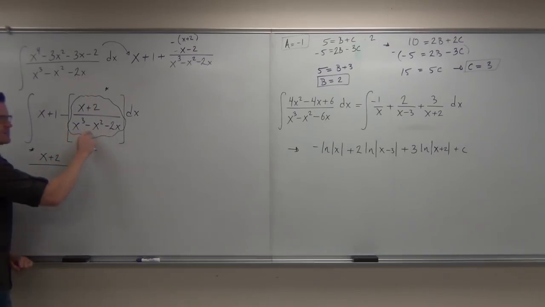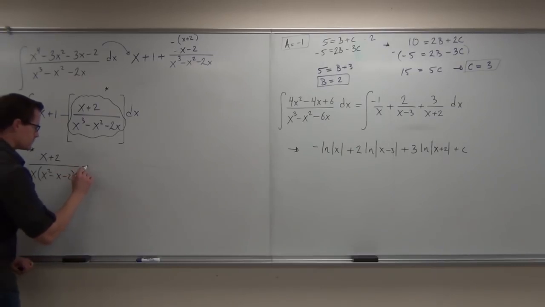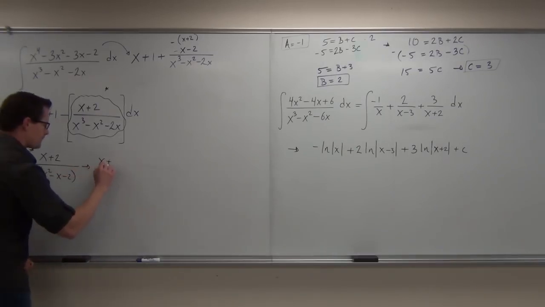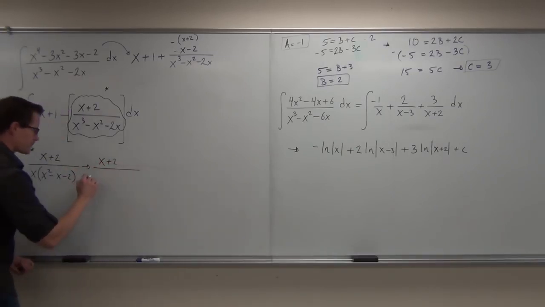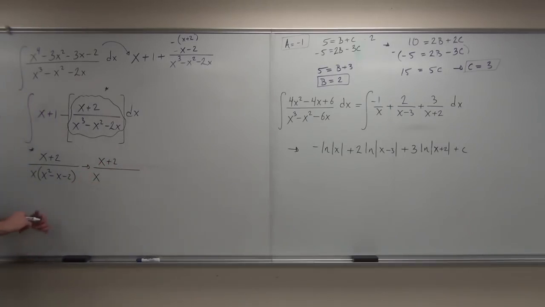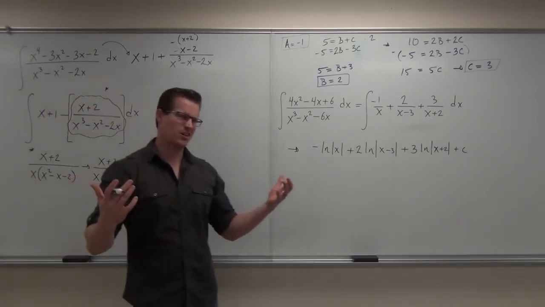At the same time, maybe we can factor this guy. What factors out of x cubed minus x squared minus 2x? If we do that, we get x squared minus x minus 2. Can I go further? Yes. Remember, you don't just factor once and say, I'm probably good.